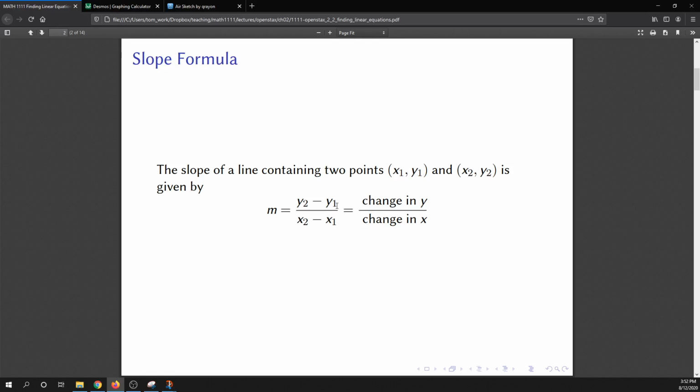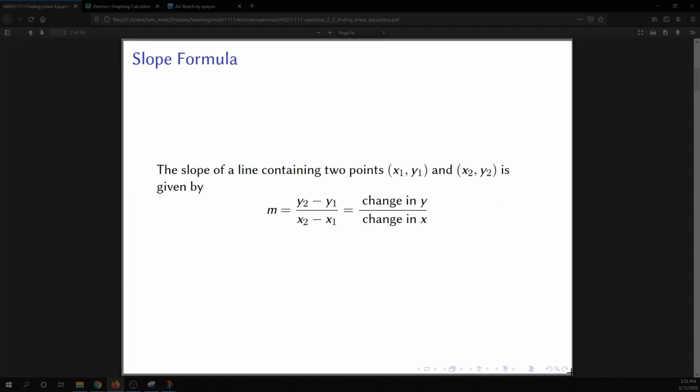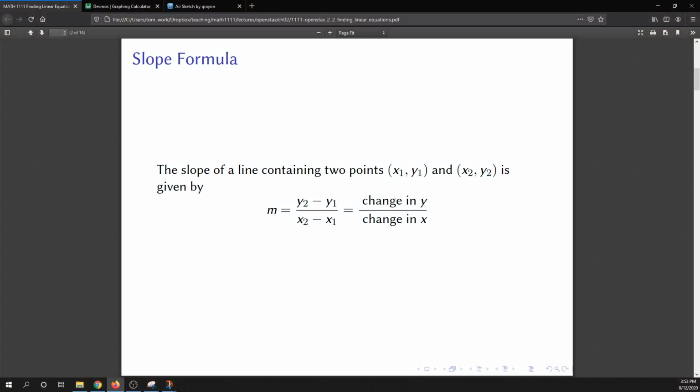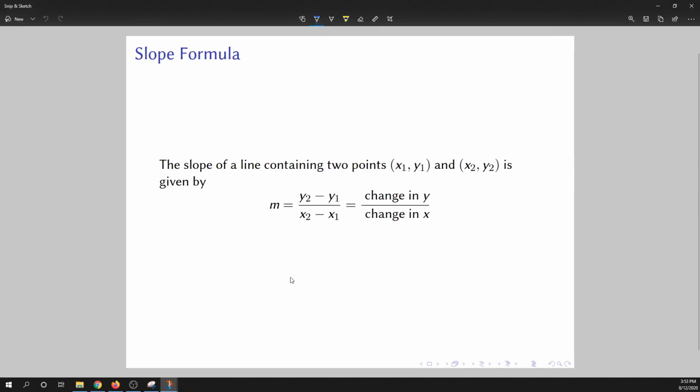So the way that looks is, if I draw this out, so here is my line, and here are my points on here. So let's say this is x1, y1.